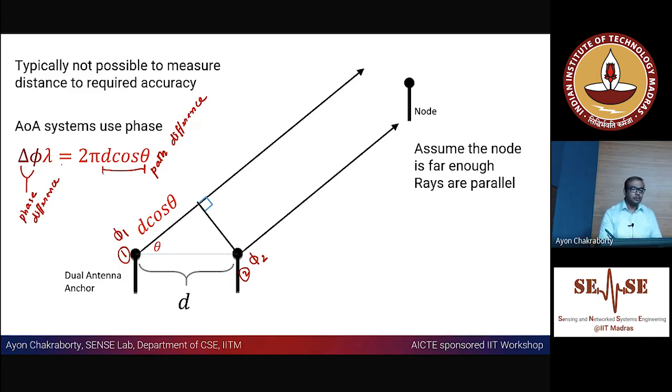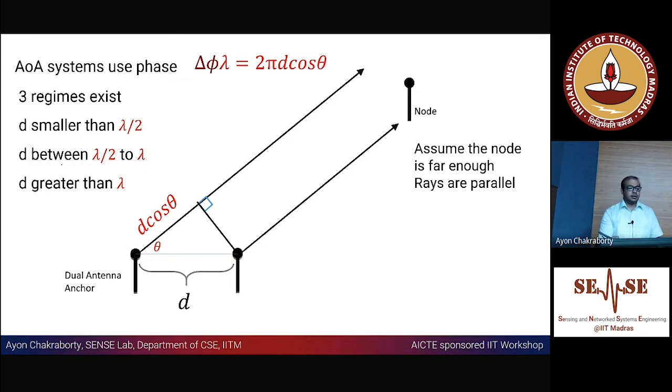Okay, so there are some minor challenges related to this. Let us say you partition this entire thing into 3 regimes. One regime is d smaller than lambda by 2, where lambda is the wavelength of the signal.